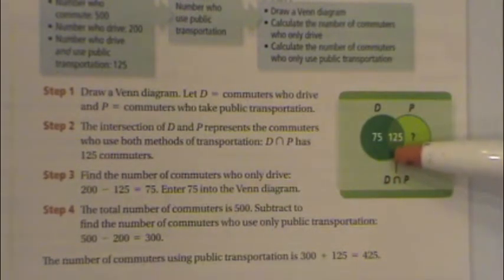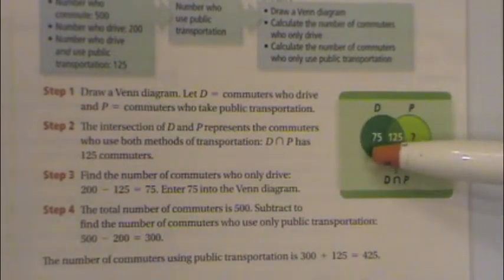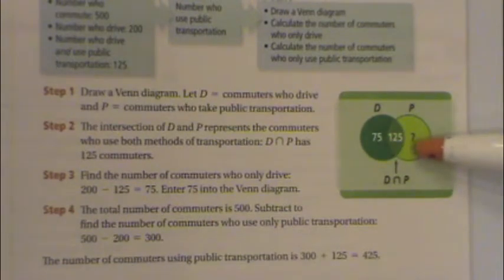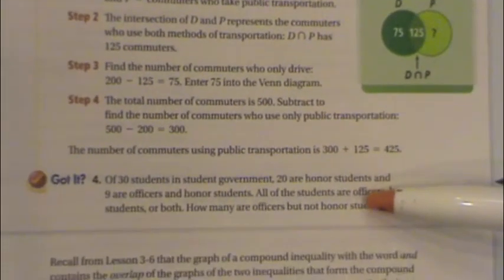So you subtract 125 from 200, because you know you have 200 people that drive, which gives you 75 people that just drive. And then they continue on to figure out that there are 300 people total that use only public transportation. Okay?